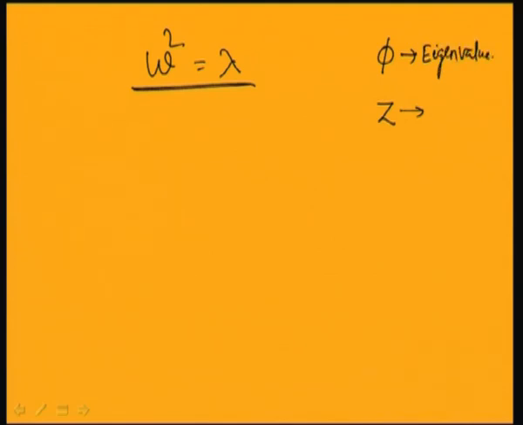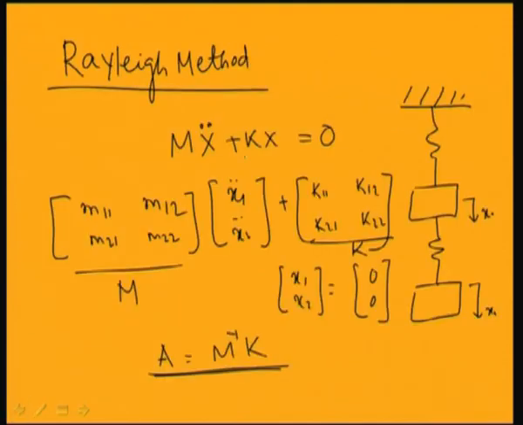If phi is the eigenvector of the system, then from the expression m x double dot plus k x, it will satisfy this equation.